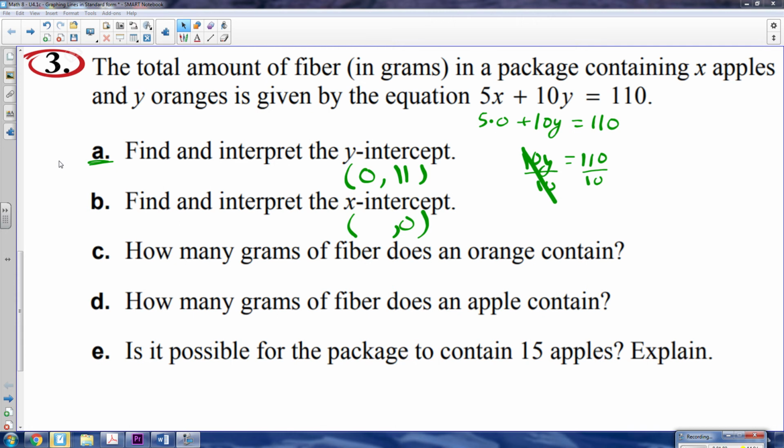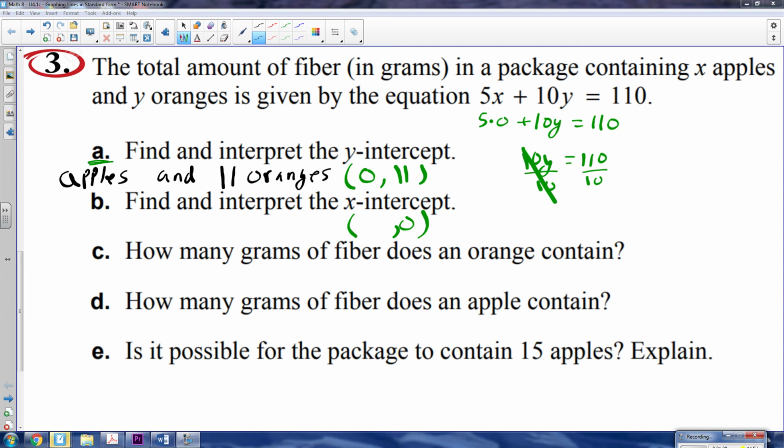How many apples do I have? Apples is x, right? Yes. You have 11 oranges because 11 is representing the y.